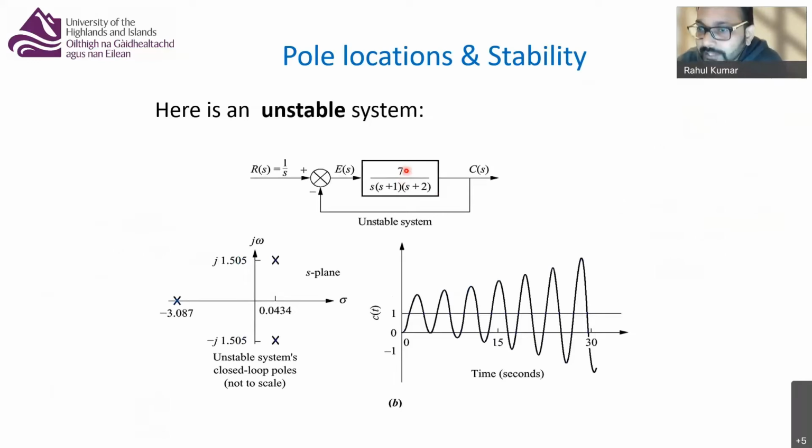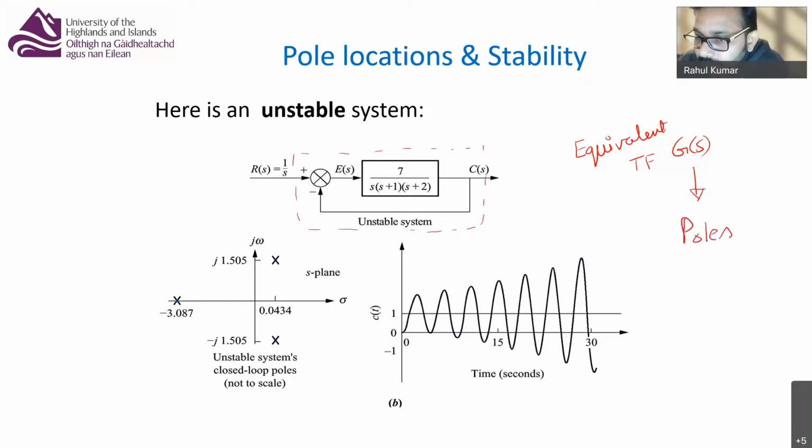Again, if you calculate the equivalent or the overall gain, the equivalent transfer function G of s, for this closed loop system, and then using this G of s you calculate the value of poles, you will again get 3 poles.